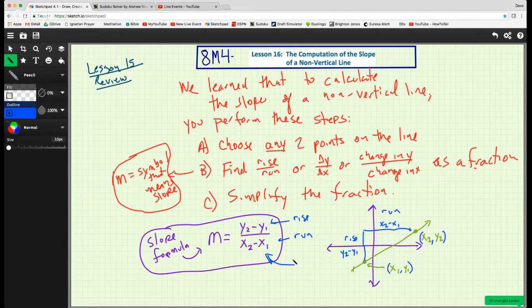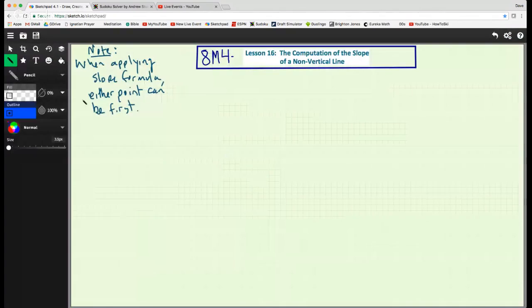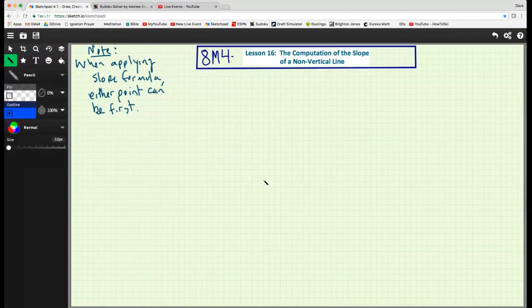Let's remember these steps, and then we're going to get with it. Now notice that when you're applying this slope formula, we're going to write it again. m equals y2 minus y1 over x2 minus x1.